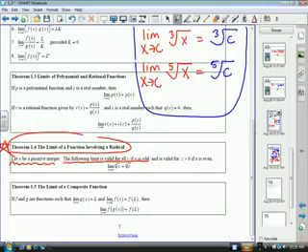Why can I do direct substitution for all cube roots and fifth roots and seventh roots for any real number? Why? What's special about cube roots and fifth roots that's different? You can take a cube root of a negative number.